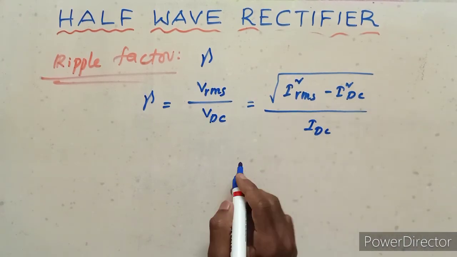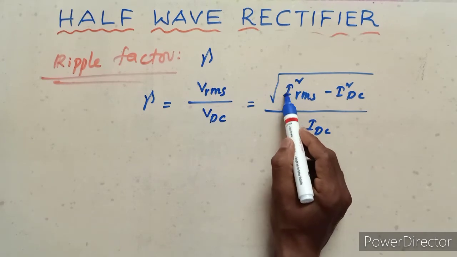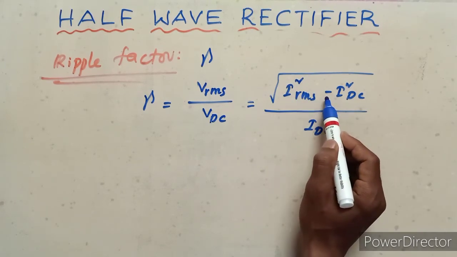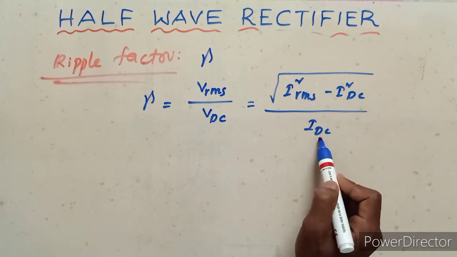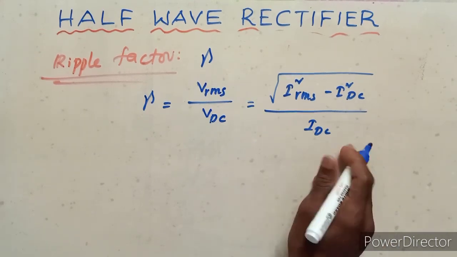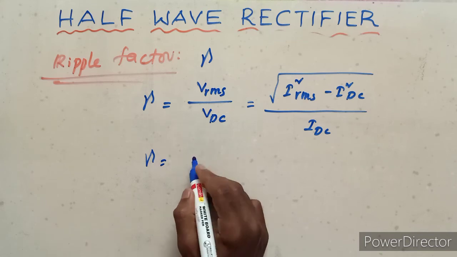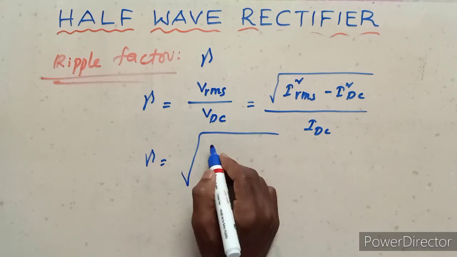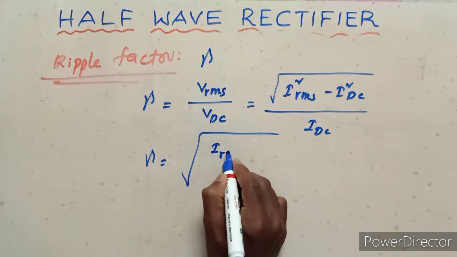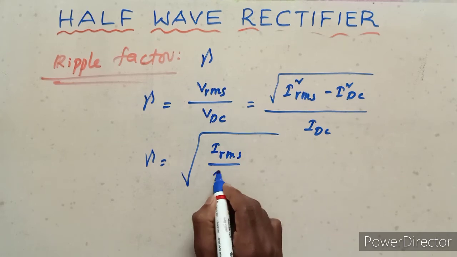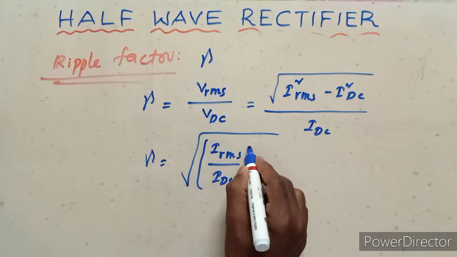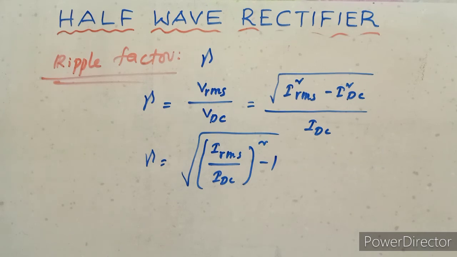This equation can also be written as under root V square RMS minus V square DC upon VDC. So gamma, the ripple factor, equals under root of IRMS upon IDC whole square minus 1. This is the total ripple factor.